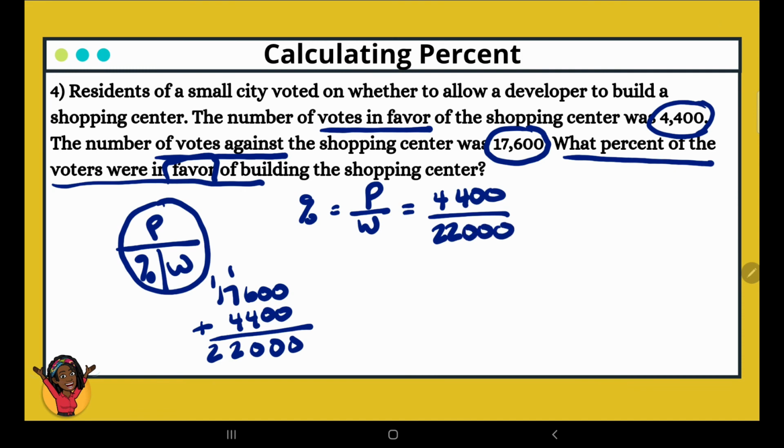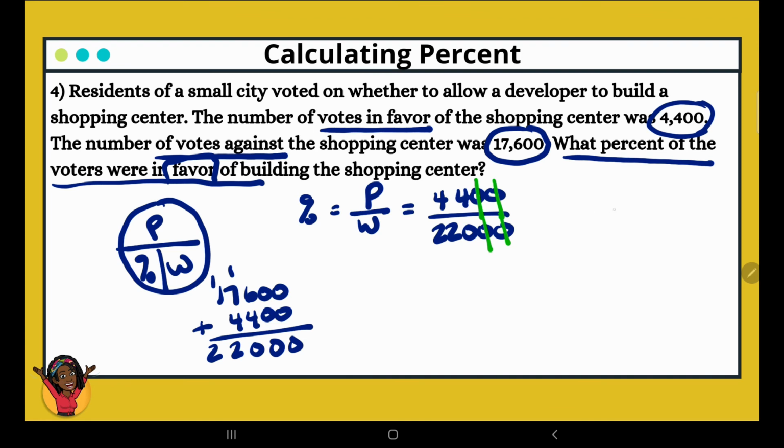So now we're going to be dividing 4,400 by 22,000. In order to make these numbers a little easier to work with, they both end with a lot of zeros. So we can actually eliminate some of those zeros by dividing each number by 100. So if I divided 4,400 by 100, I would be able to cancel out two zeros and just get 44. And if I did the same to 22,000, I would cancel out two zeros and get 220.